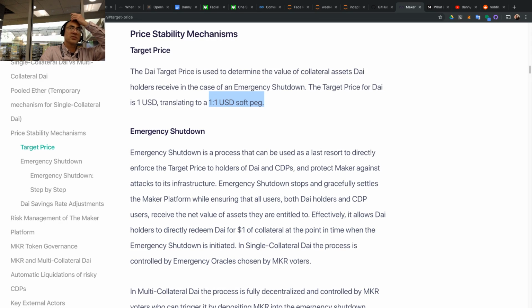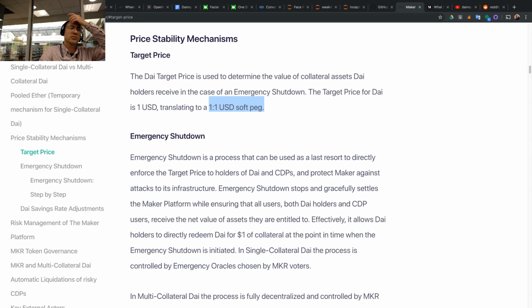For example, right now Ethereum is like $250 as of today, 250 US dollars for one ETH, right?